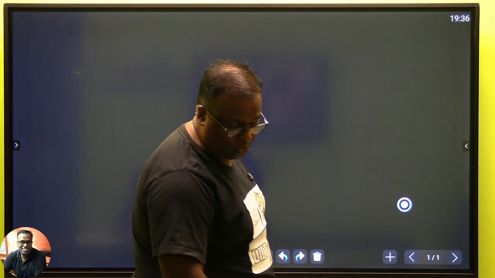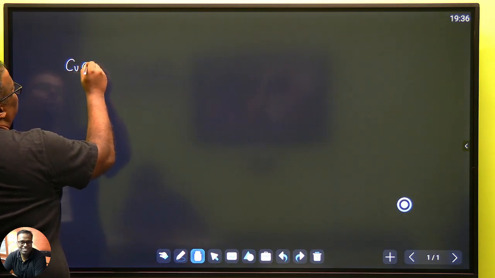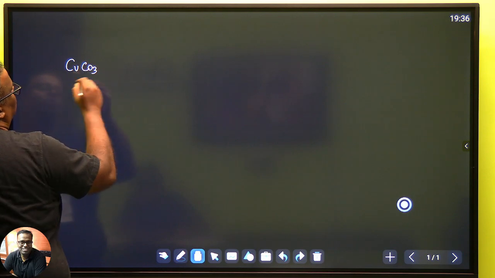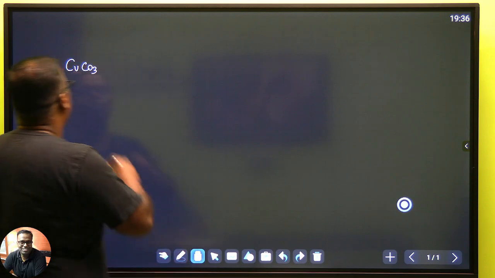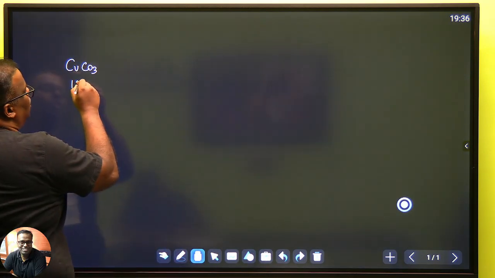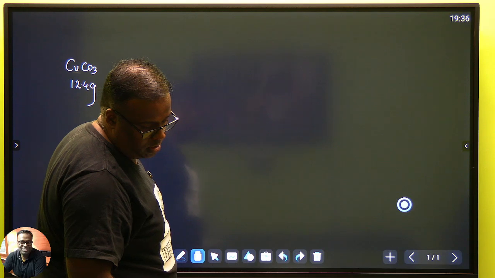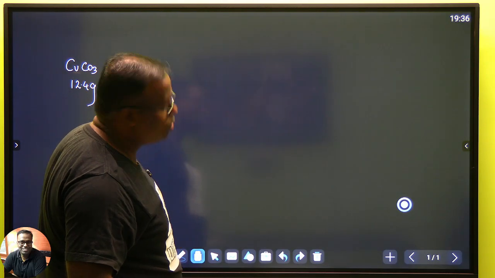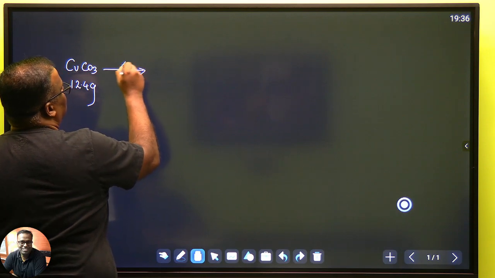Copper 2 carbonate, CuCO3. How much of it? 12.4 grams of copper 2 carbonate in a crucible produced copper oxide, meaning you are heating it.